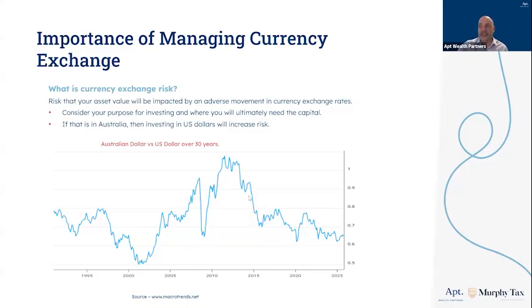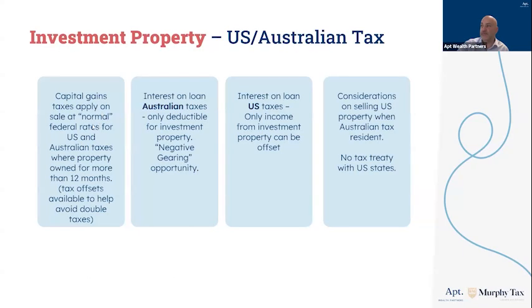So it does just add an extra layer of risk, when there's currency exchange risk on top of the investment market risk that you need to be aware of. That's something that we, as financial advisors, help our clients work through: how much do we have in AUD assets and investment portfolios versus what we keep in US dollar portfolios, and make sure that we get the appropriate allocation considering everything.